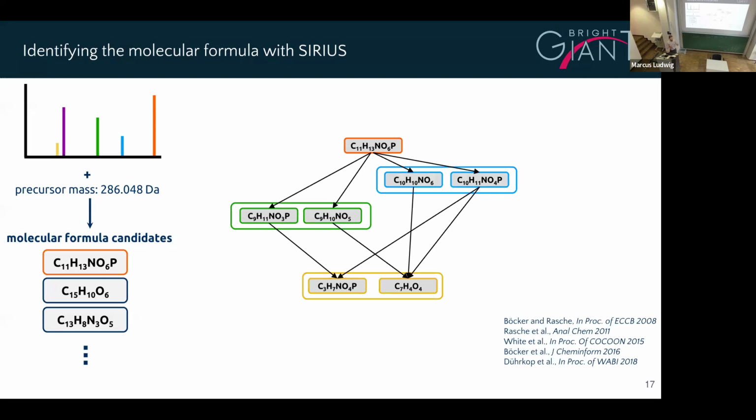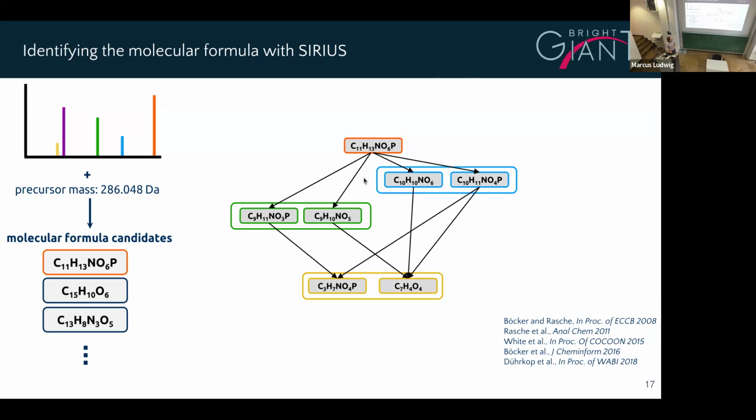And we do it in a way that for each fragment mass, we can again just compute all possible molecular formulas, but we say that these molecular formulas have to be sub-formulas of your precursor, because if you start with a precursor and go to a fragment, you'll just lose some elements, so it needs to be some part, some sub-formula of that. So that's basically this restriction.